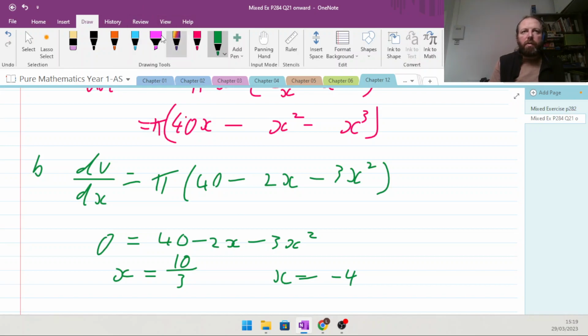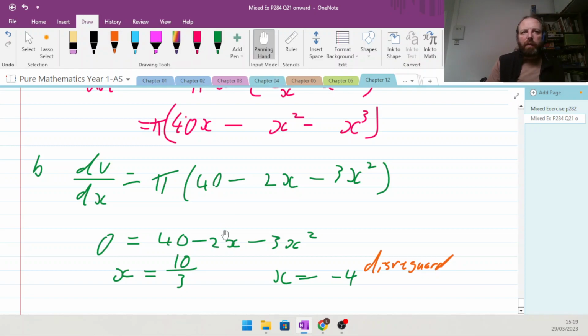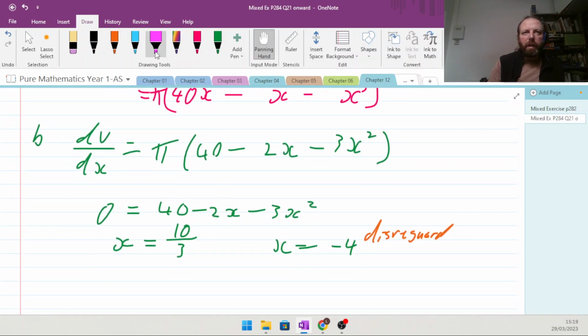So we can disregard that one, and we'll keep the 3 1/3 there. Okay, find the maximum value of V. So if V is equal to this one up here, then max of V, is this part C?